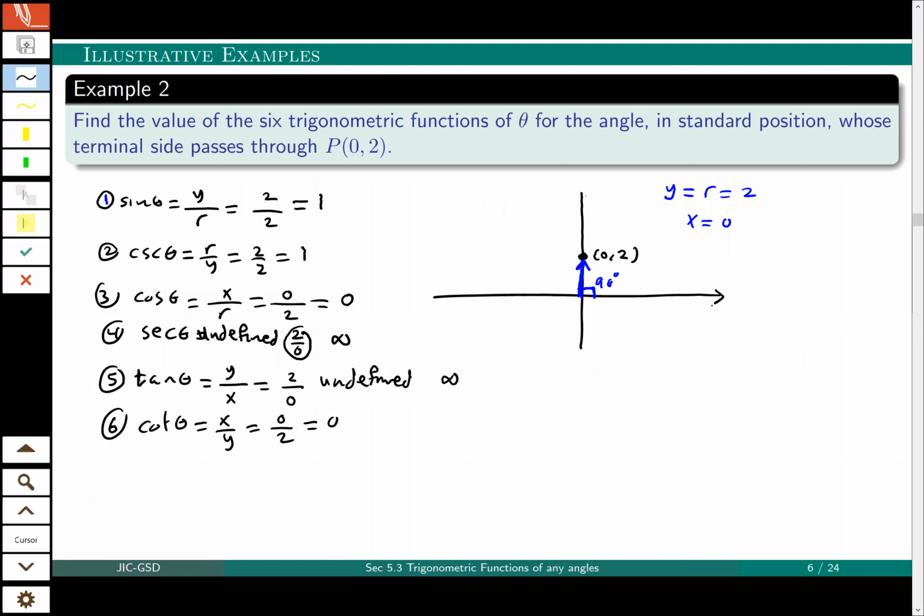Remember, we call these quadrantal angles. The 0 angle, 90 degrees, 180, and 270.